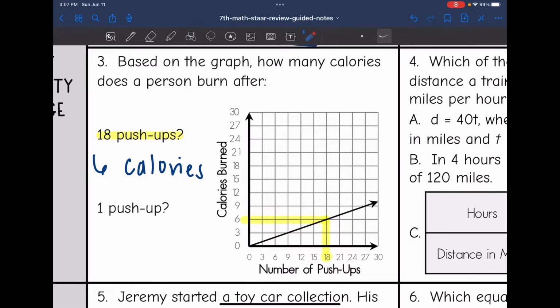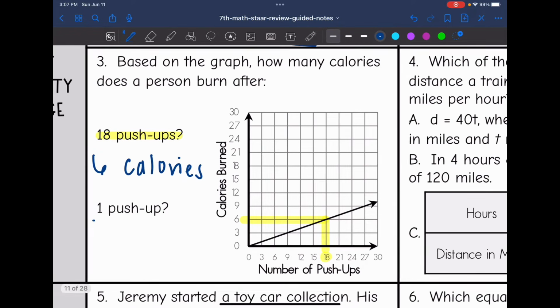So I'm going to take the calories burned, the y, 6, and divide it by 18. Both of those numbers are divisible by 6. 6 divided by 6 is 1, and 18 divided by 6 is 3. So it would burn 1/3 of a calorie for 1 push-up.